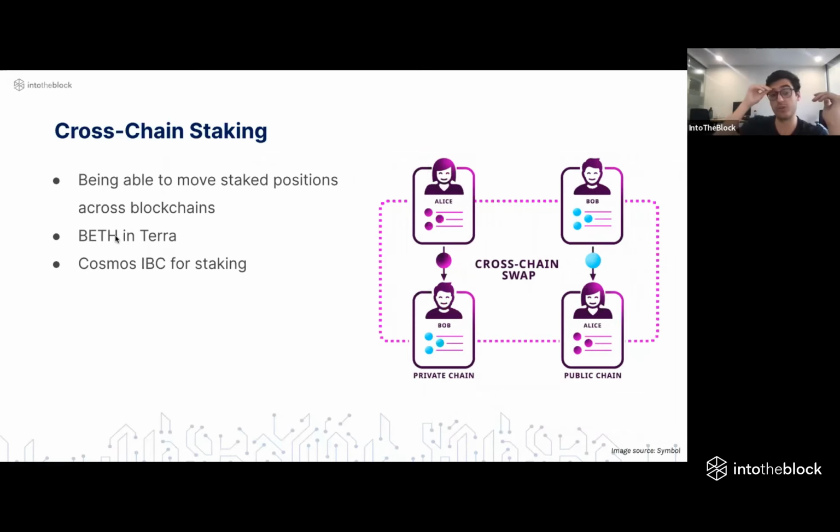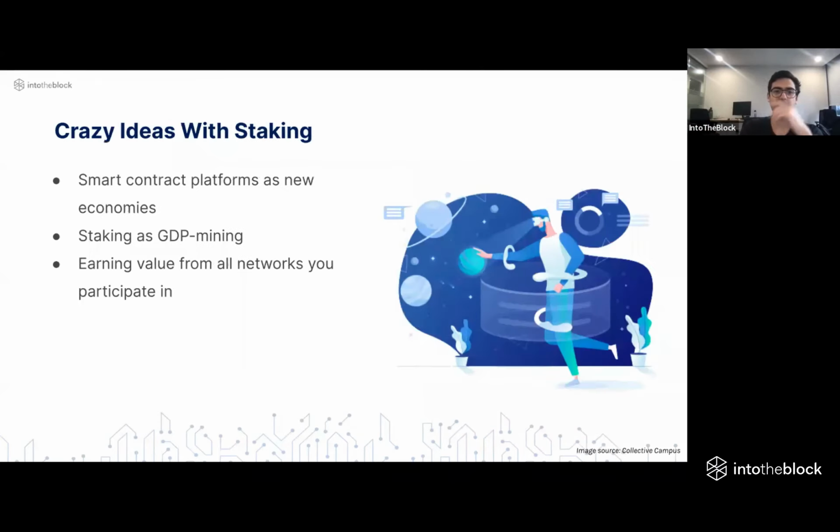You're able to earn yield on top of ETH in Terra, just as if you were staking. And with the Cosmos inter-blockchain communication and the pSTAKE protocol that I mentioned, you should be able to stake in the near future your tokens in these blockchains and move them across each other. So you're able to generate yield and leverage the money Legos in other blockchains as well.